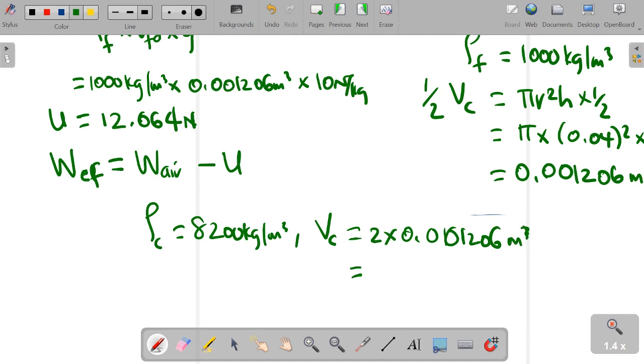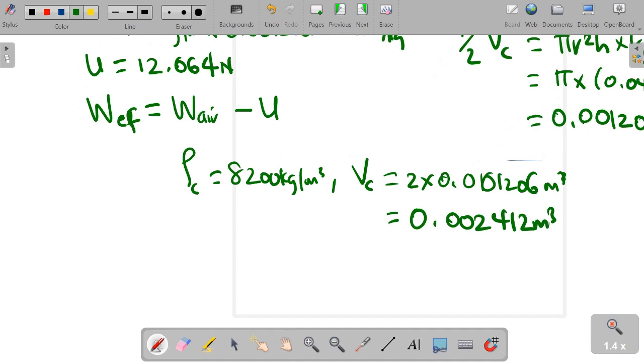What we get is 0.002412 cubic meters. So from there we can calculate the mass as density times volume of the cylinder.